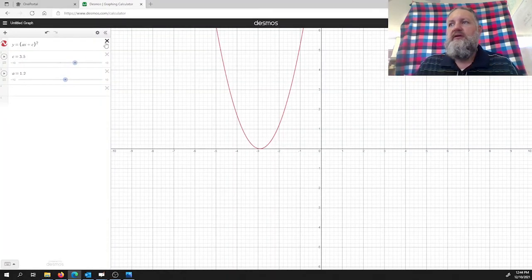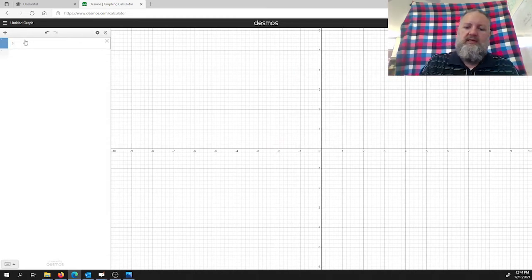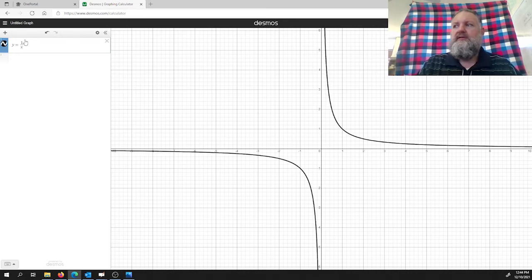We shall say y is equal to 1 over x. Well, there you go. So that is our hyperbola. That shape, as it curves around, is a non-continuous, non-linear graph. You can see that you can't draw this graph with a single solid line. You'd have to lift your pen.